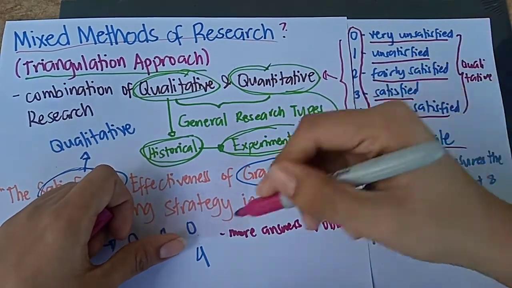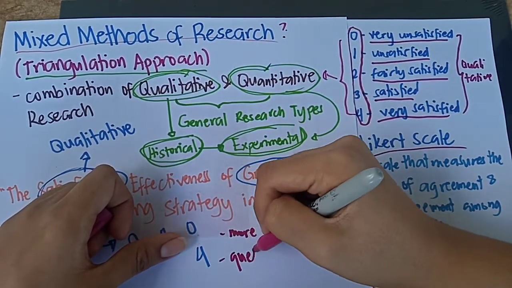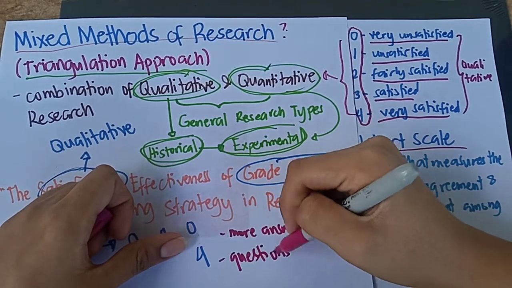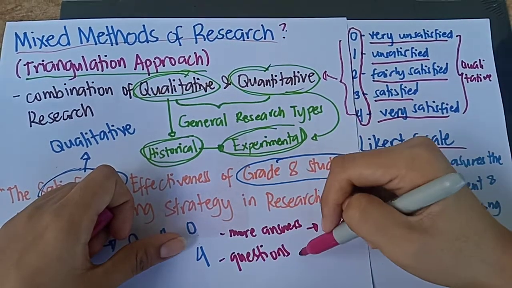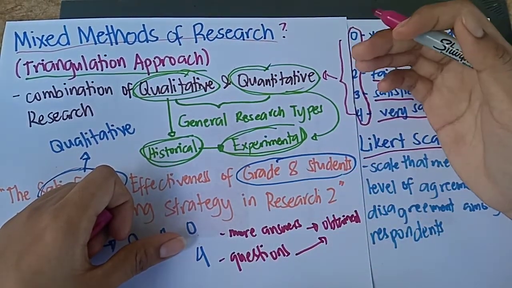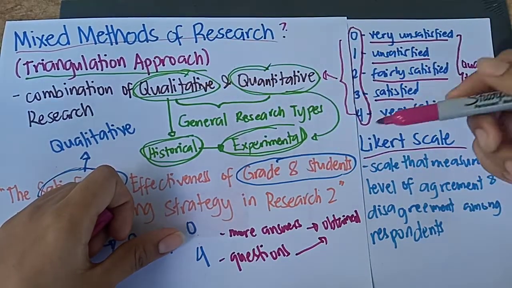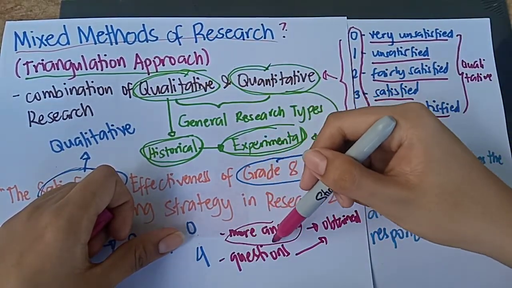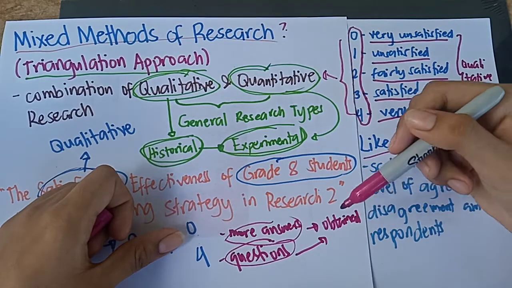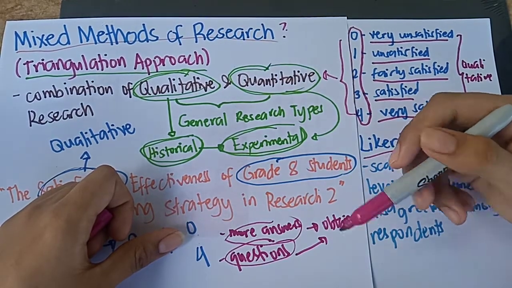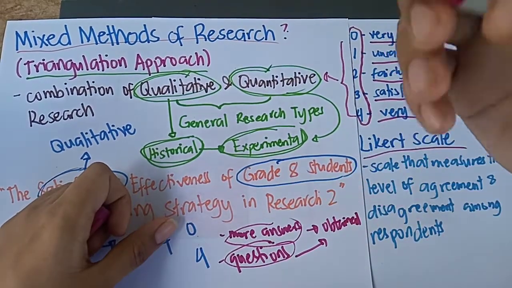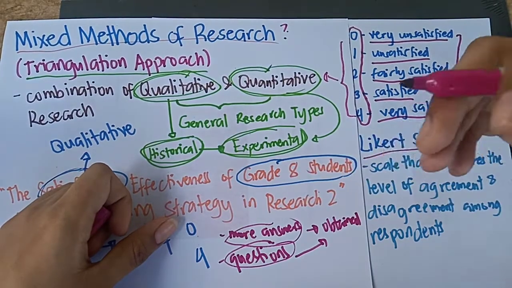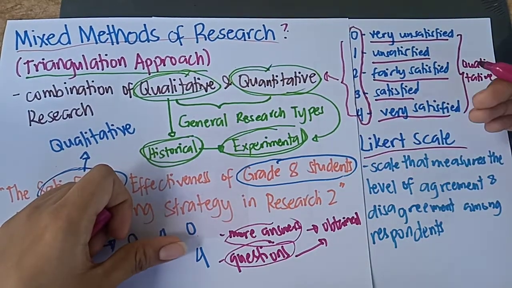And questions can also be obtained more. So in the triangulation approach, more questions and more answers can be obtained, in an essence that it can overcome the weaknesses of each other.